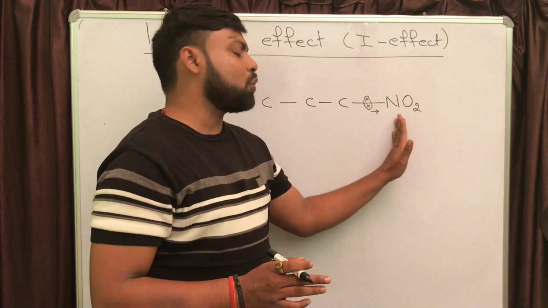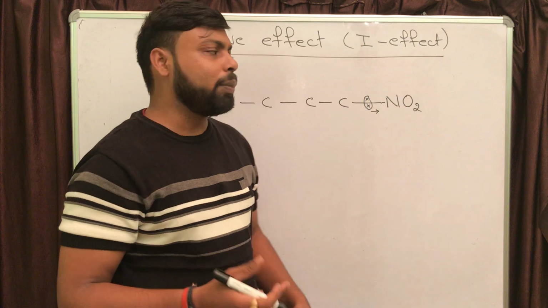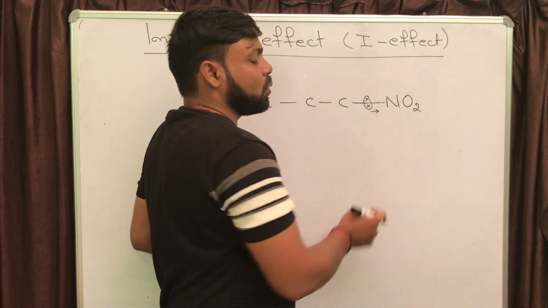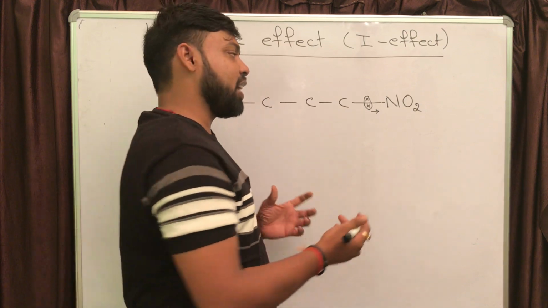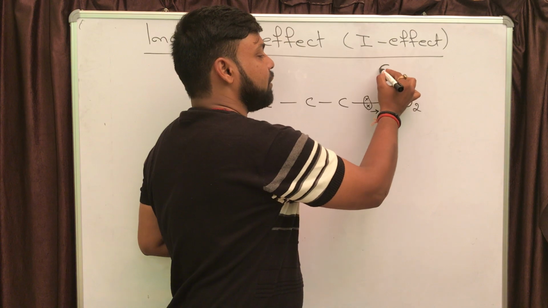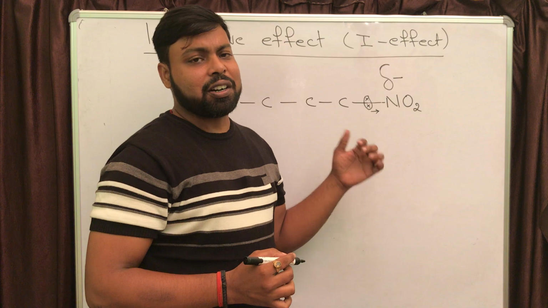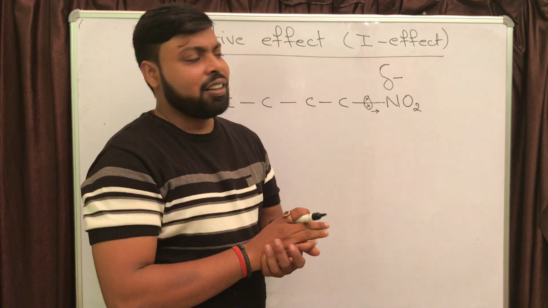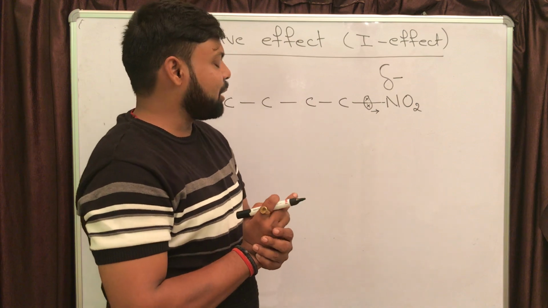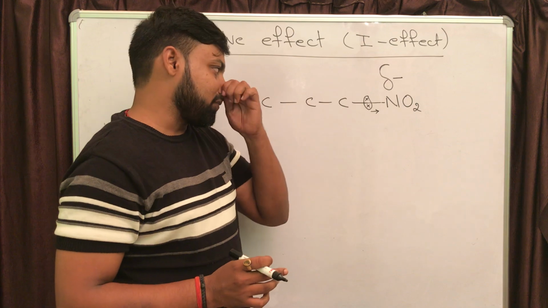And if it is shifted towards the nitrogen, definitely the electron cloud towards the nitrogen is going to be more, and that nitrogen atom is going to acquire some negative charge. That negative charge is represented by delta negative. If this pair of electrons was completely shifted, then this nitrogen would get a complete negative charge. But here this is partial shifting.